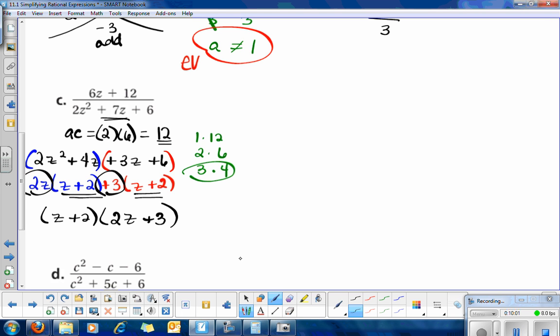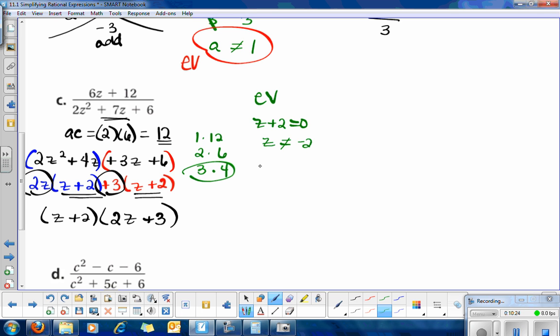Now we can figure out what our excluded values are going to be. So here we have z plus 2 cannot be equal to 0. When we subtract 2 on both sides, z is equal to negative 2. So we know that z cannot be equal to negative 2.